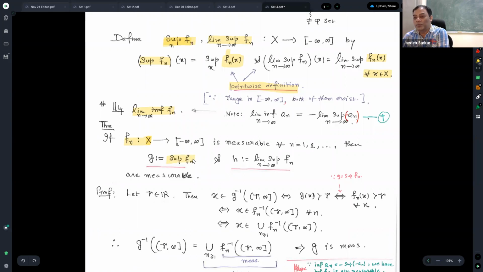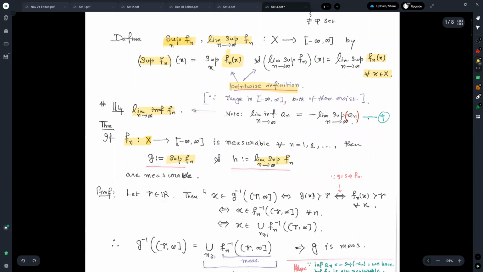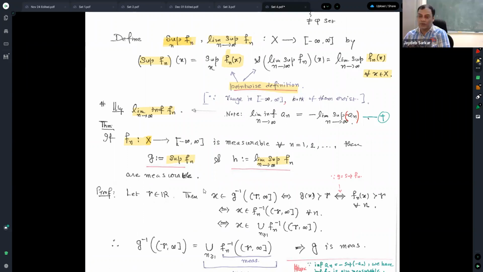Then your sup of Fn and lim sup of Fn, and subsequently lim inf of Fn, are also going to be measurable, and that's a very important property. One more time: if you have a sequence of functions, then sup, lim sup or lim inf, all of them are going to be measurable.